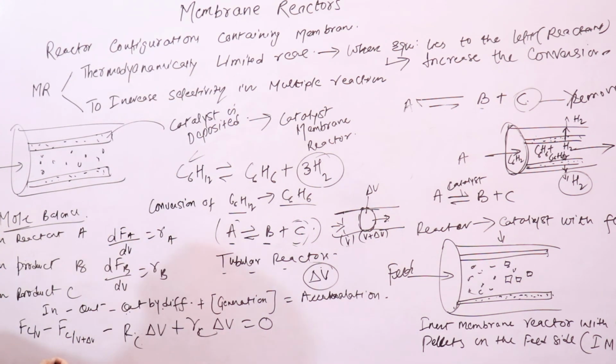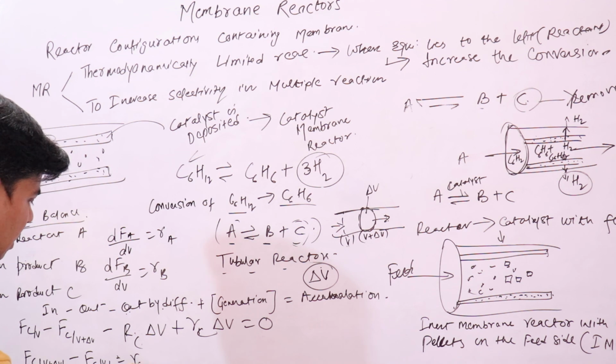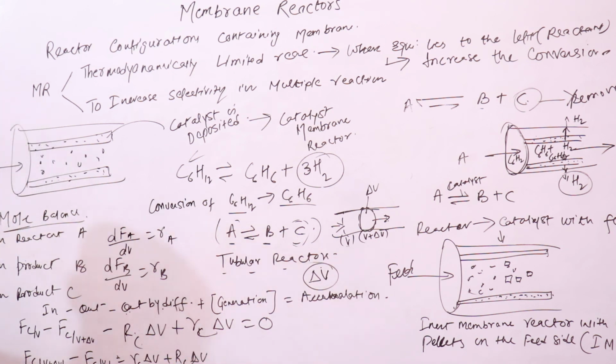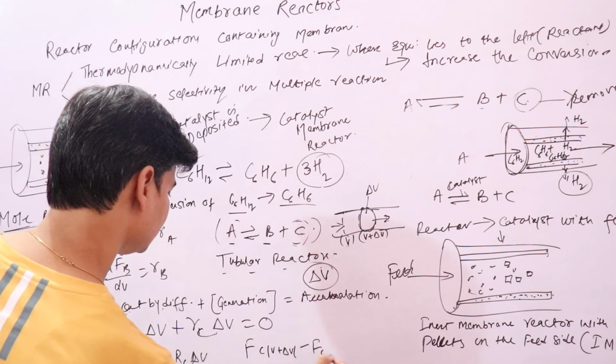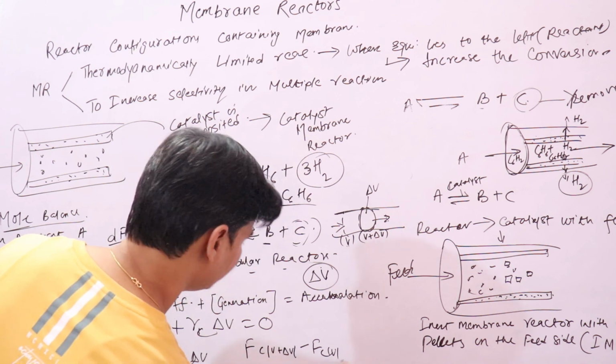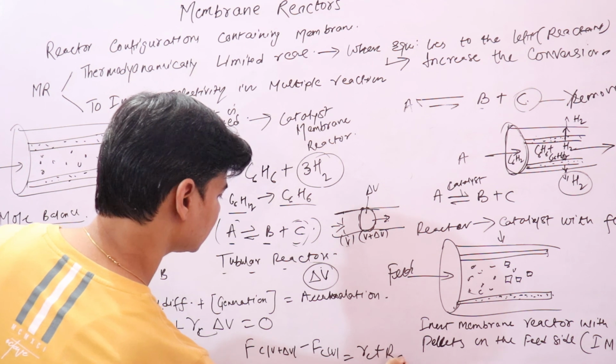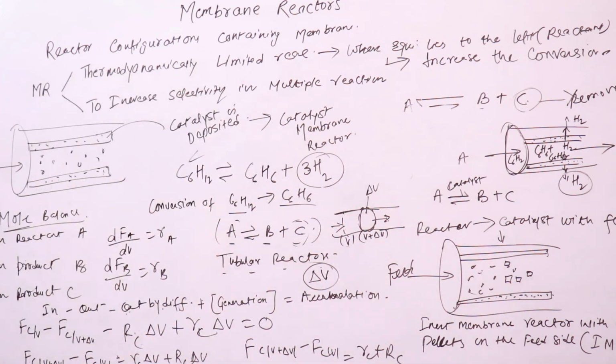FC at V plus delta V minus FC at V is equal to RC delta V plus RC delta V. Now you divide both sides by delta V. So what you will get is FC at V plus delta V minus FC at V over delta V is equal to RC plus RC. I hope till this point it is clear.